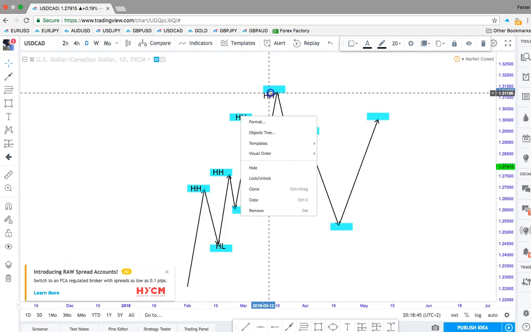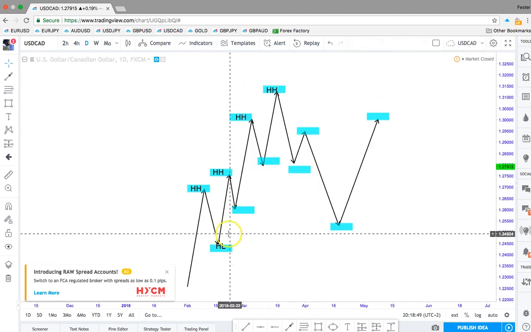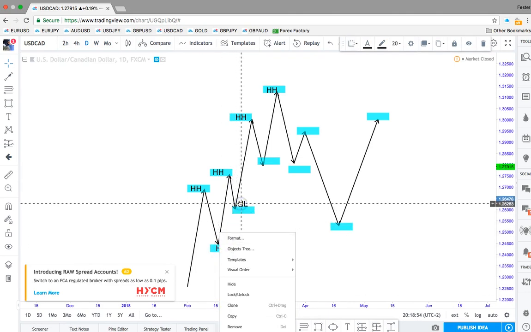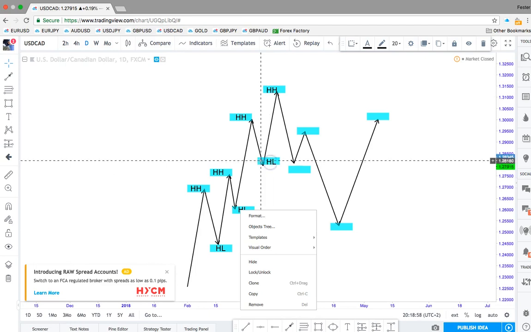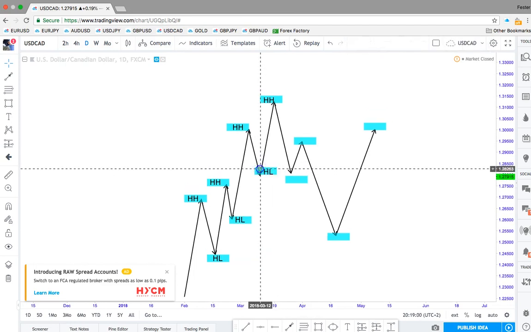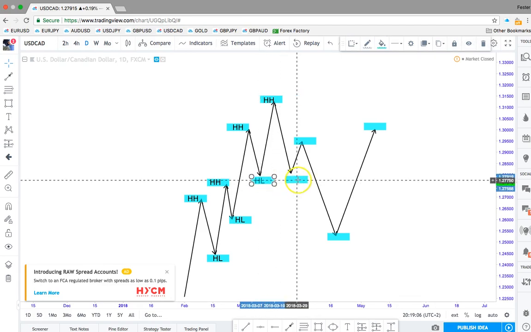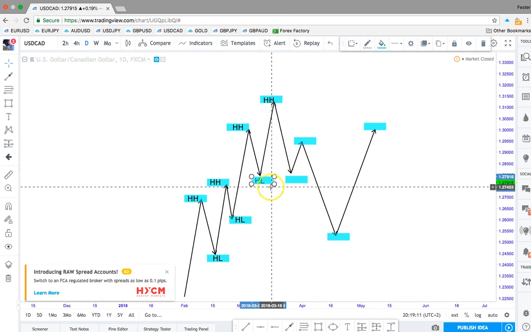That's high. That's also high. Okay, quite easy. You can see over here, that's high low. That's high low. Let's actually move this down. This over here is exactly the same as this one.